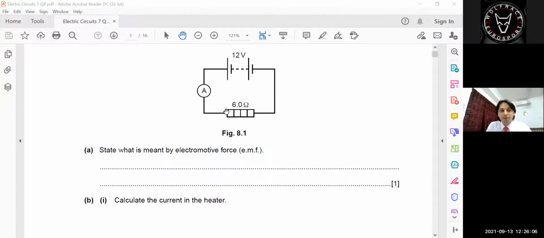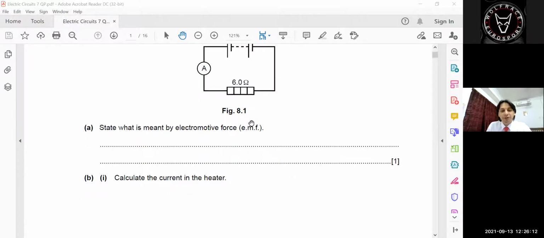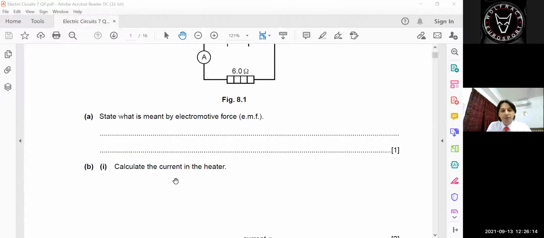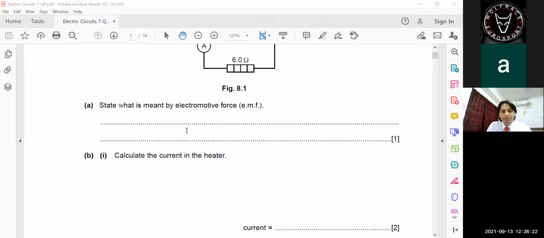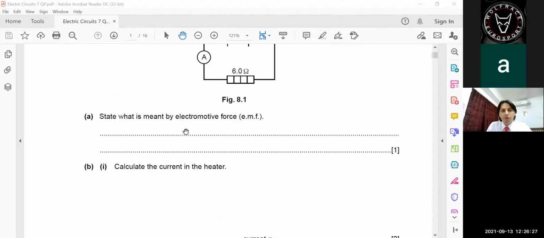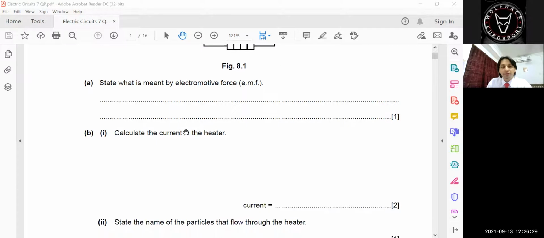When the voltage is given and resistance is given, you have to calculate. Voltage divided by resistance. Sir, V by I. I equal to V over R.